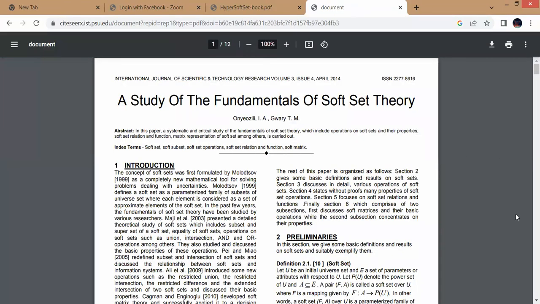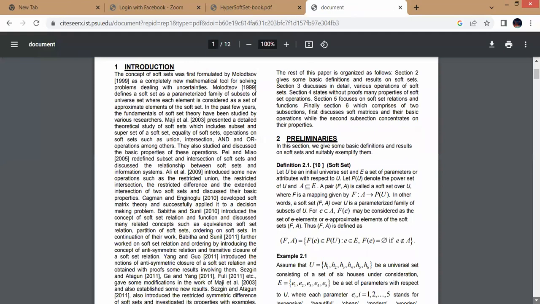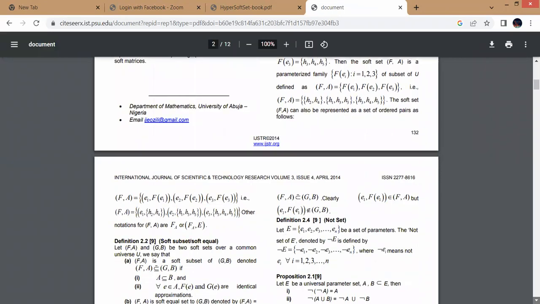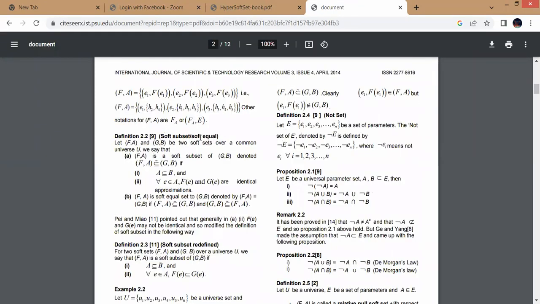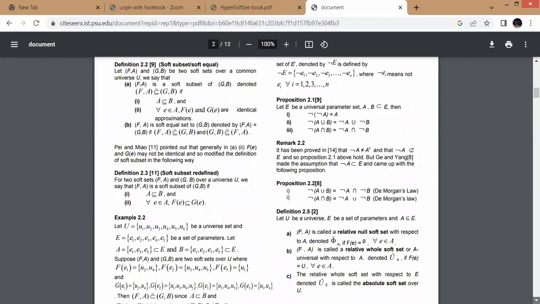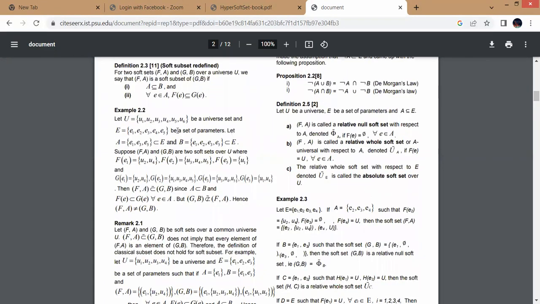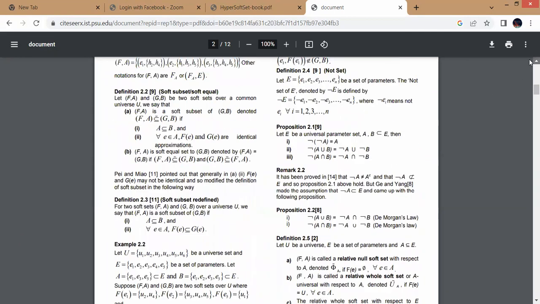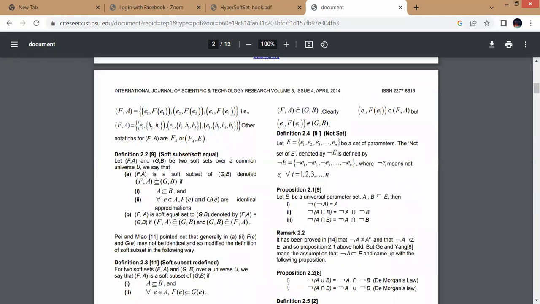you can see first of all there is the definition of subset, and an example related to the subset. Then further there are subset definitions, redefined, and after a definition there are examples. Then there are De Morgan laws related to the soft set theory, not set.